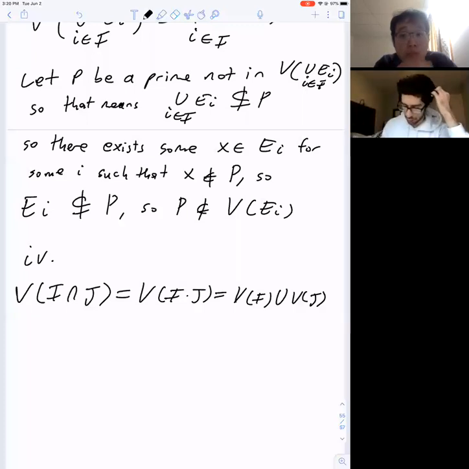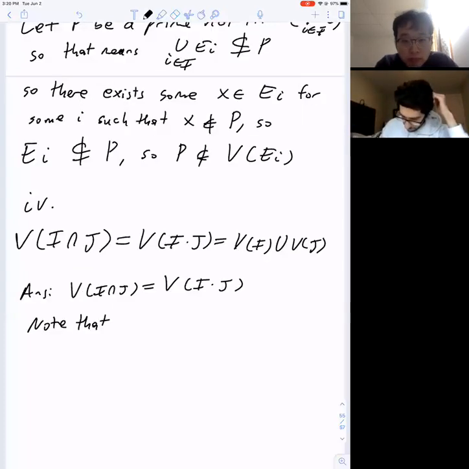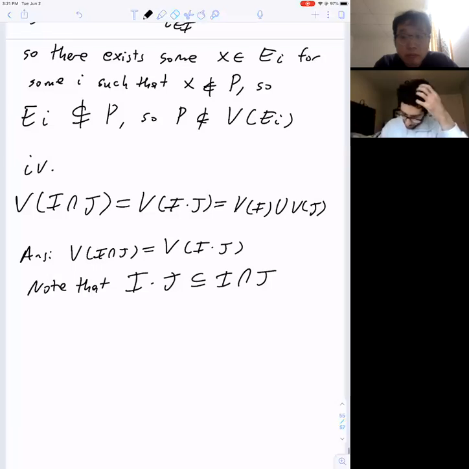So first of all, note that I times J is contained in I intersect J, because if you have x in I and y in J, then x times y is in I and it is in J. So it is in the intersection.